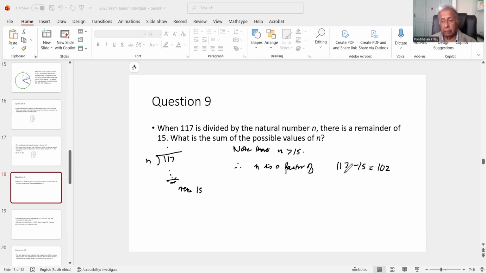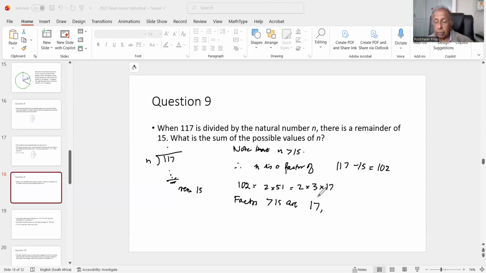N is greater than 15. So what are the factors of 102 which are greater than 15? 102 is 2 times 51, and 51 is 5 plus 1 is 6, so 3 goes into this. So what are the factors which are bigger than 15? Well, certainly not 2 or 3, but 17 is one of them.